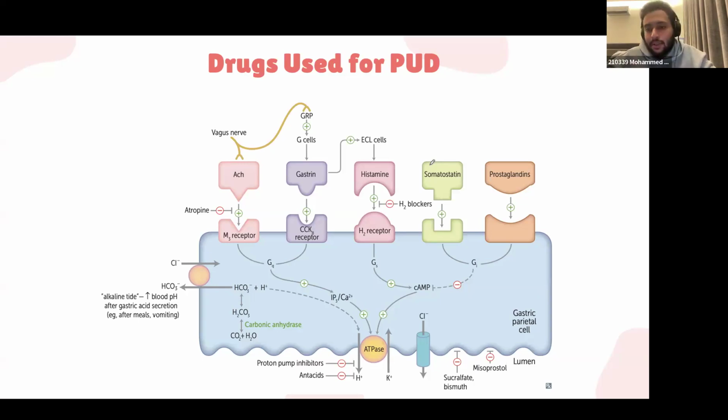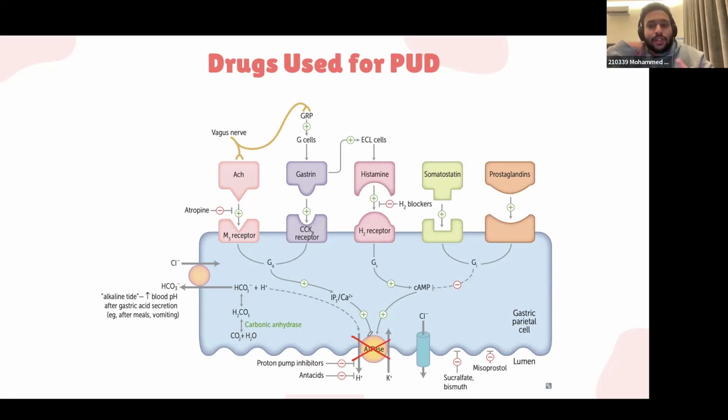Then you try to decrease the amount of acid. That's mechanism number two. What's the best way to inhibit acid production? What's the best drug you can give to inhibit acid production? PPIs, good. So PPIs will inhibit the proton pump. Now the half-life of this drug, an important concept, is low, around 1 to 2 hours.